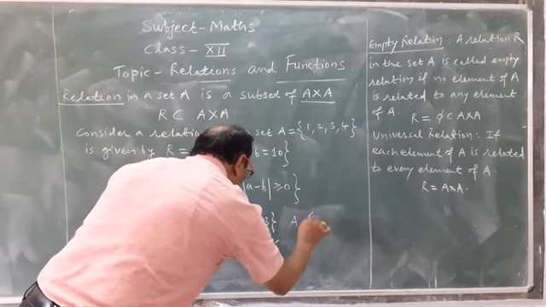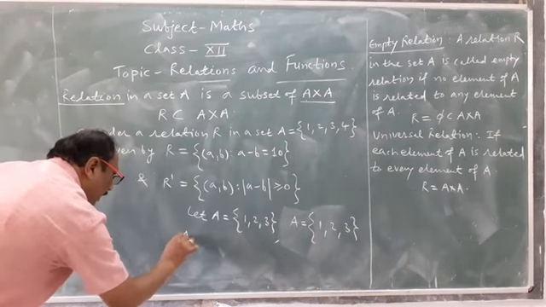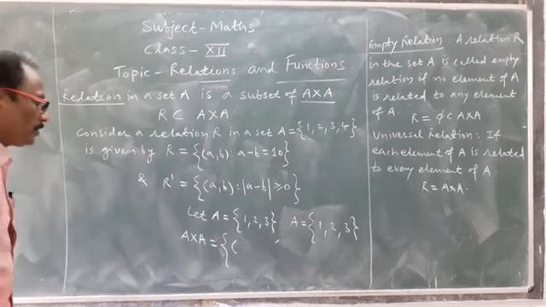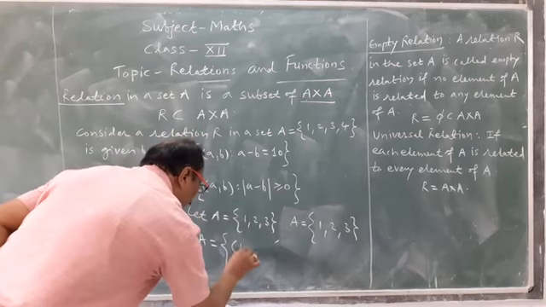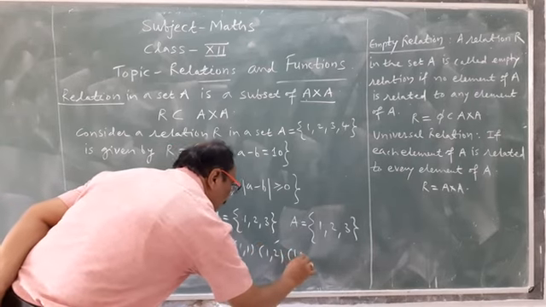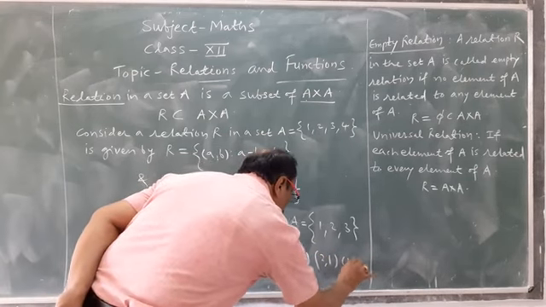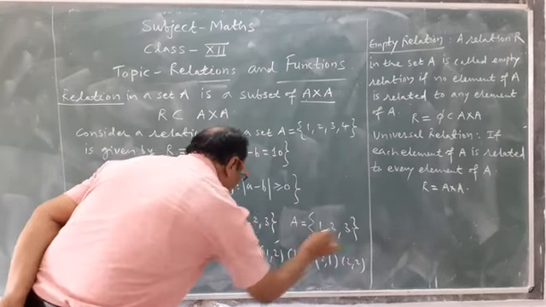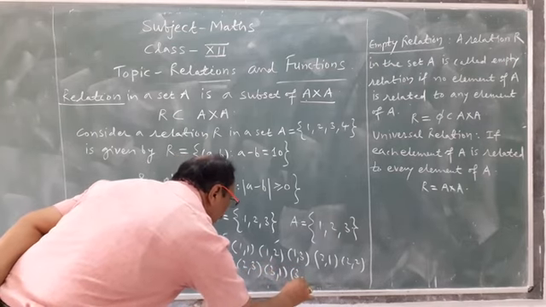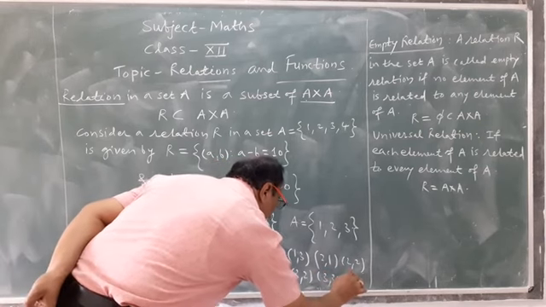Then A cross A, the Cartesian product, contains the ordered pairs (1, 1), (1, 2), (1, 3), and like this (2, 1), (2, 2), (2, 3), (3, 1), (3, 2), (3, 3).